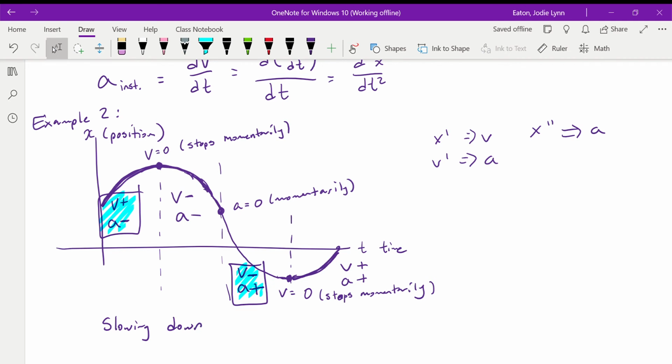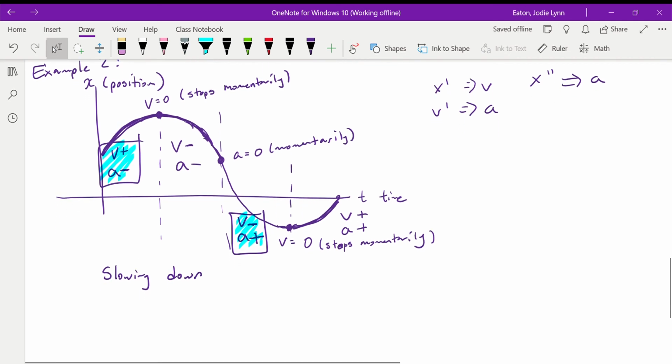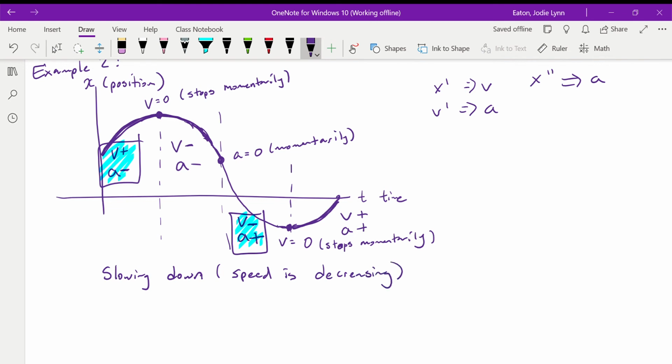And when we're slowing down, our acceleration is in the opposite direction of velocity. So slowing down means not the velocity, but the speed is decreasing.